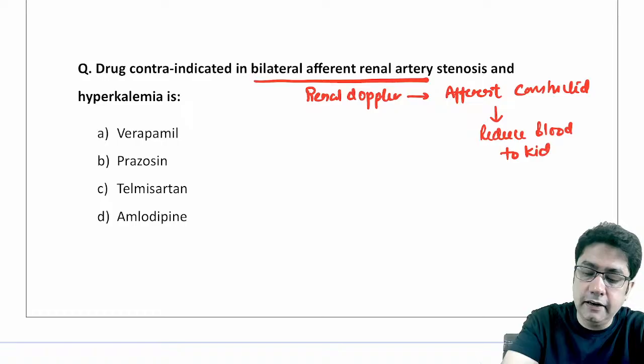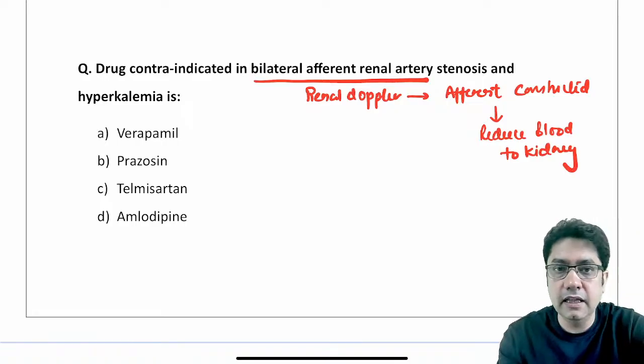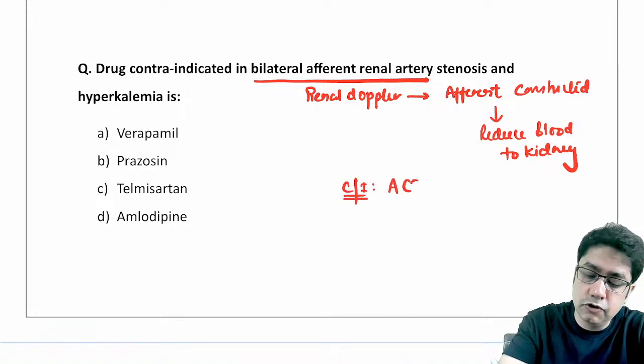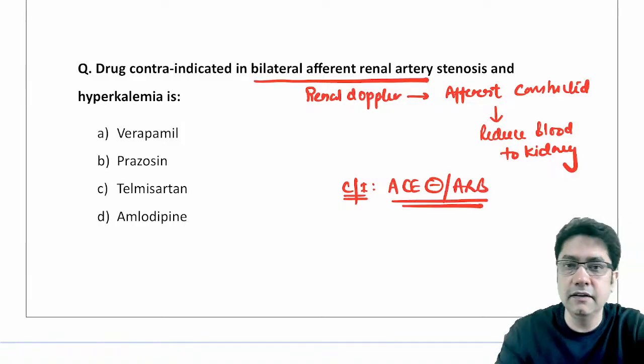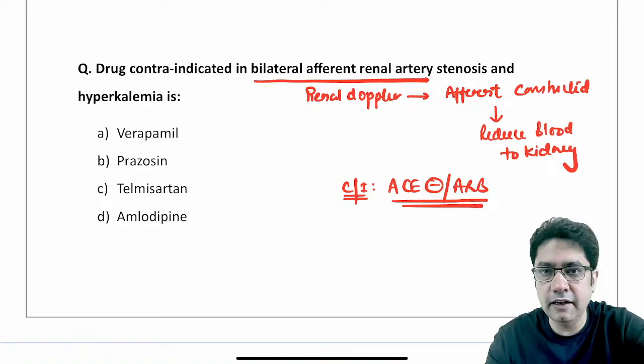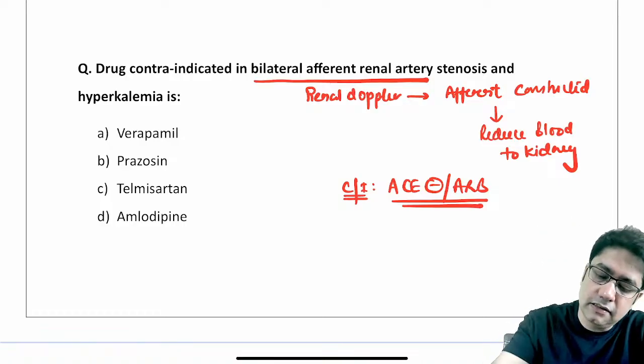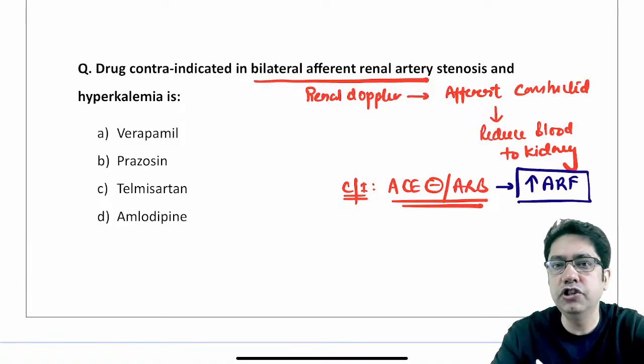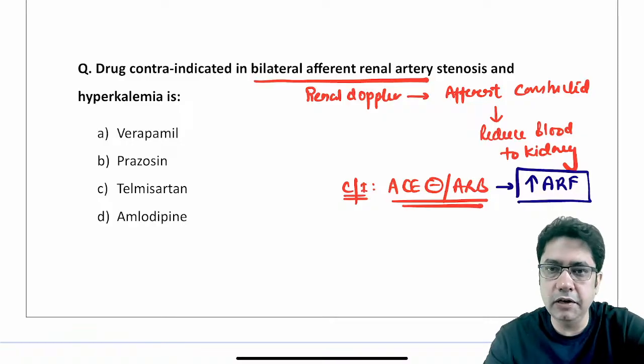If there is already reduced blood supply to the kidney, never give an ACE inhibitor or ARB. Pril and sartan drugs are absolutely contraindicated because they can increase the risk of ARF, acute renal failure. They will further reduce GFR, which will decrease urine production.